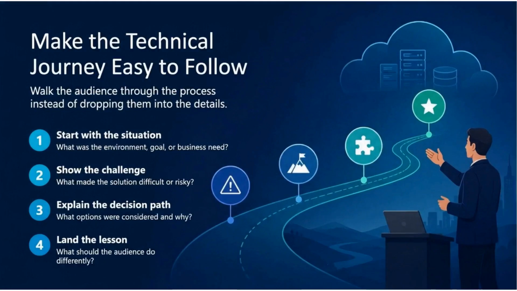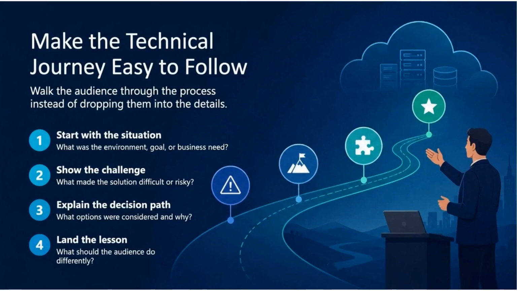When explaining complex concepts, a common mistake is starting too deep. We begin with architecture, formulas, code, or metrics before the audience understands the situation. A better approach is to walk the audience through the technical journey. Start with the environment and the goal.